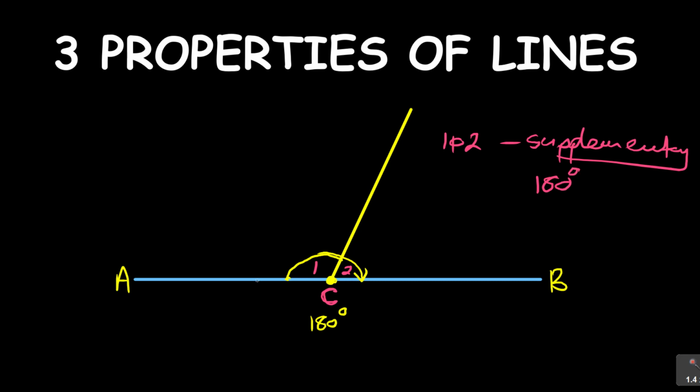Why? Because supplementary angles form a straight line. Meaning, if I say C1 plus C2, what must I get? I must get 180 degrees because they form a straight line. Don't forget. So if C1 plus C2 is equal to 180 degrees, it means AB is a straight line. So don't forget that, the first property.